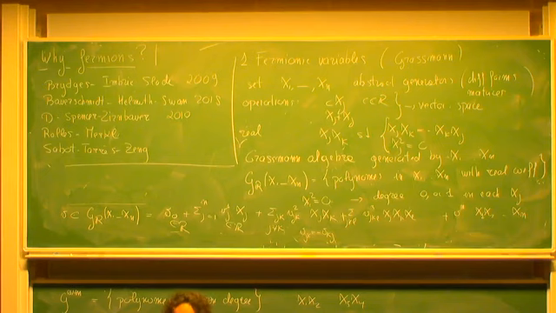When I want to exchange them, I have to take chi3 and jump twice, so I pick up twice a minus 1, so it's plus. And the same for chi4. So this is chi3, chi4, chi1, and so on.